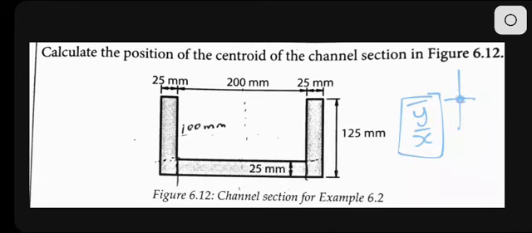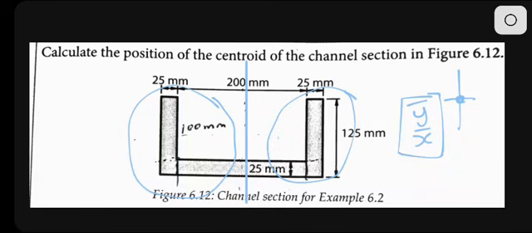Where they intersect, for x bar, as you can see, there's no need to calculate. Remember, if you cut this object in the middle like this, the left hand side of the section and the right hand side are the same.